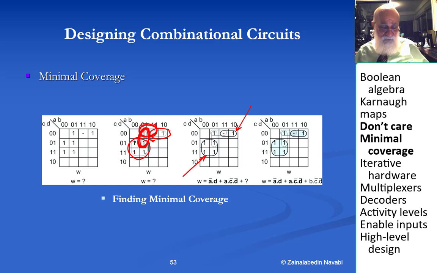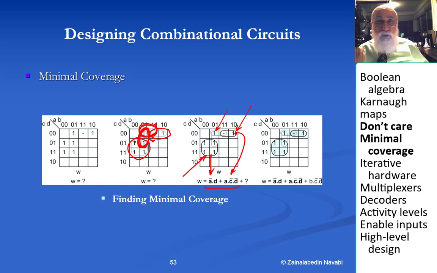For the minimal coverage, I write these essentials. This is this one. This is this one. Then I look back and look to see if there are other mean terms not covered by using only essentials. I find that yes, indeed, there is 1 not covered, and I have to cover it. Then I start looking at prime implicants that cover this.